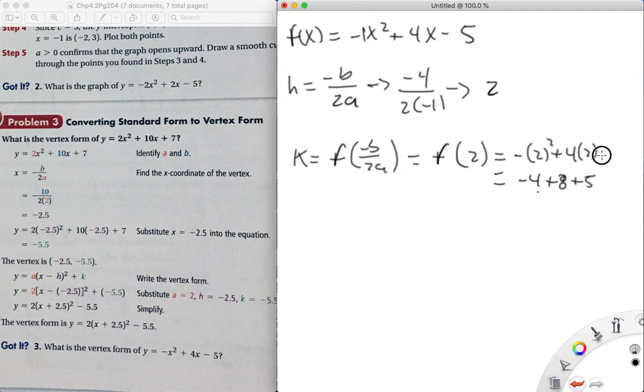Yeah, I was doing something wrong. So that's 4 minus 5, so that's negative 1. So k equals negative 1.